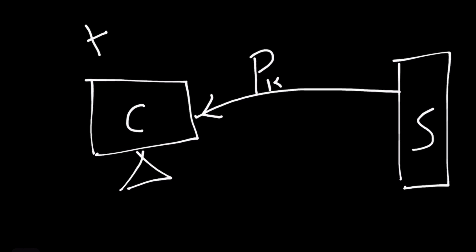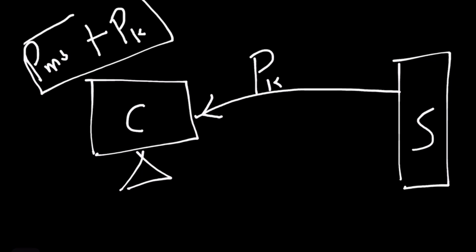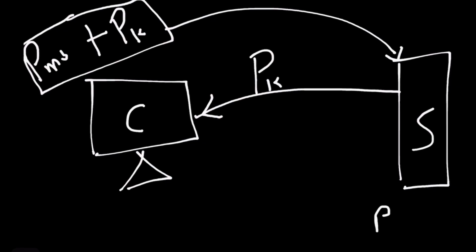With the public key, the client will add a master secret to it and send it to the server for the server to decrypt, and the server will have the pre-master secret too.